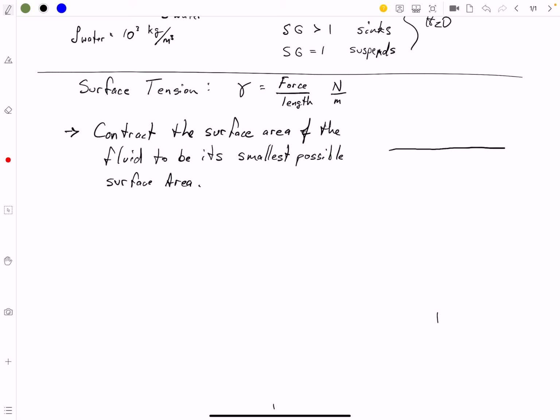So we have a surface and we've got this fluid on top of the surface, and that area, the surface area, is minimized by the surface tension.